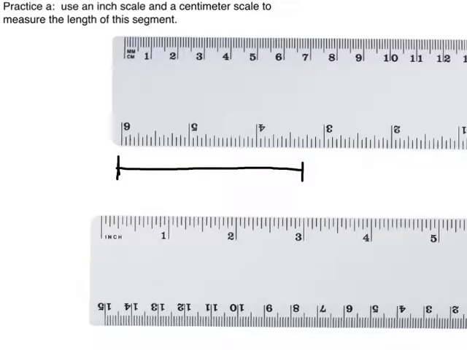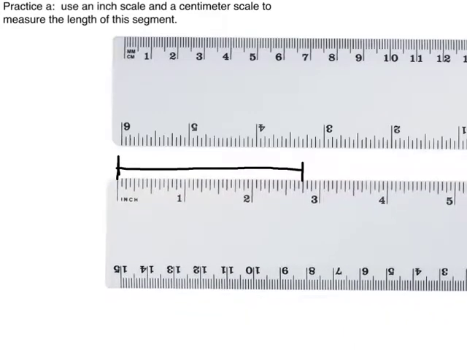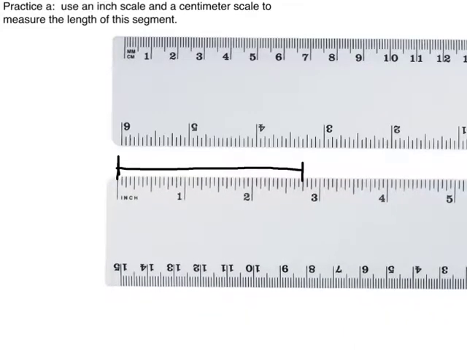Alright, practice A says to use an inch scale and a centimeter scale to measure the length of the segment. Alright, so let's do the inch first. We'll move this and put it right there. Okay, we've got 1 inch, 2 inches, not quite 3.